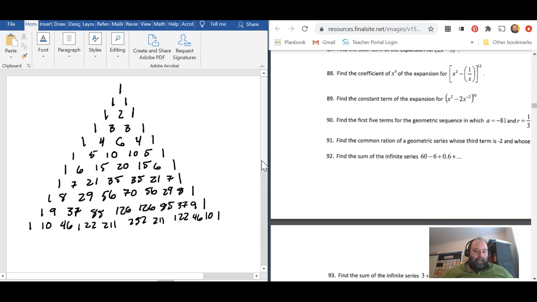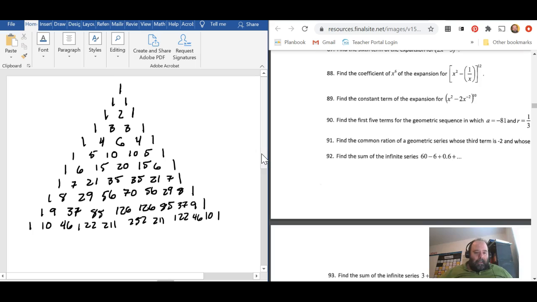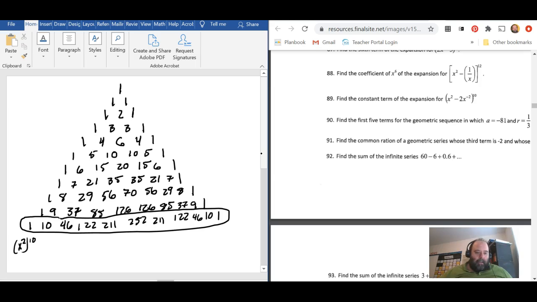Okay, so what does this have to do with my problem? Well, this is the row I need, right? So literally my expression is going to be (x squared) to the 10th, plus 10 (x squared) to the 9th times x to the negative 2.